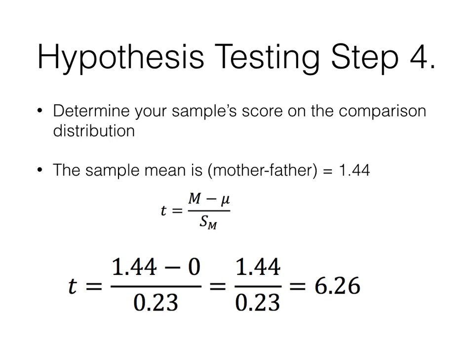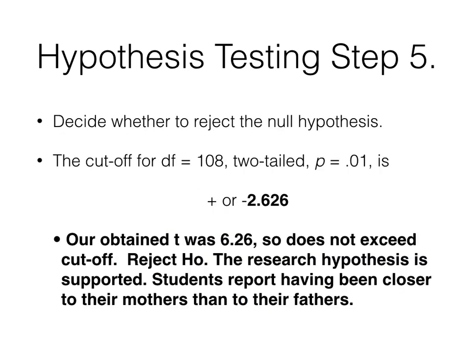We want to compare that to our cutoff in step 5 of our hypothesis testing, where we decide whether or not to reject the null hypothesis. The cutoff again for DF of 108, two-tailed, p of 0.01, was 2.626. Our obtained t was 6.26. So it does exceed the cutoff, and we want to reject the H0.